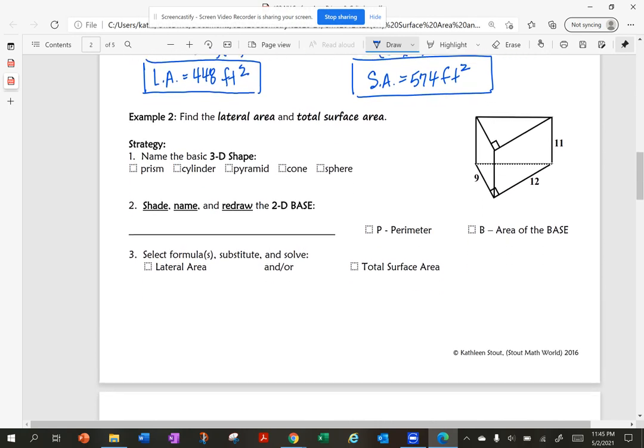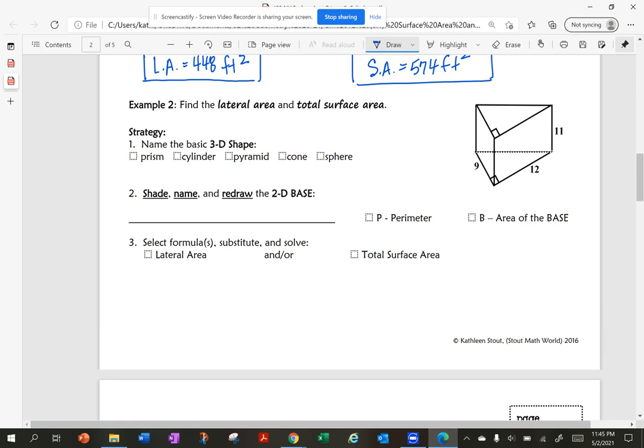Let's try a second one. Find the lateral area and the total surface area. I'm going to look at this. Again, this is a prism. I'm going to shade, name, and redraw the two-dimensional base.